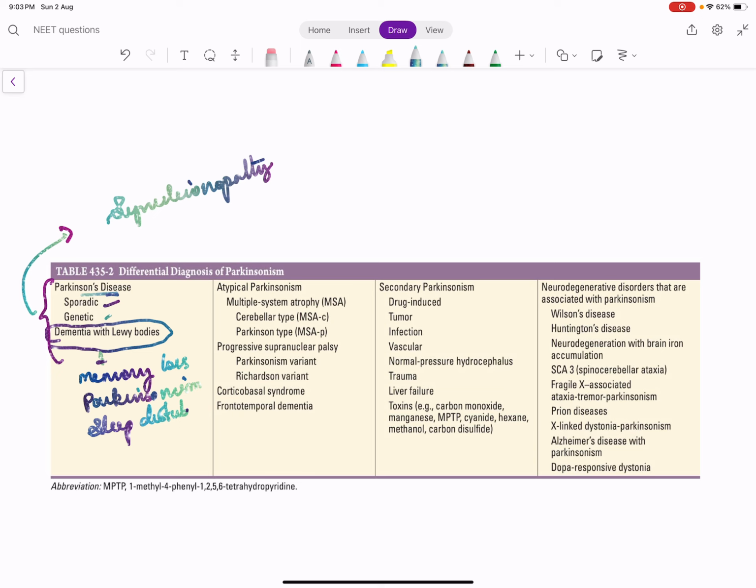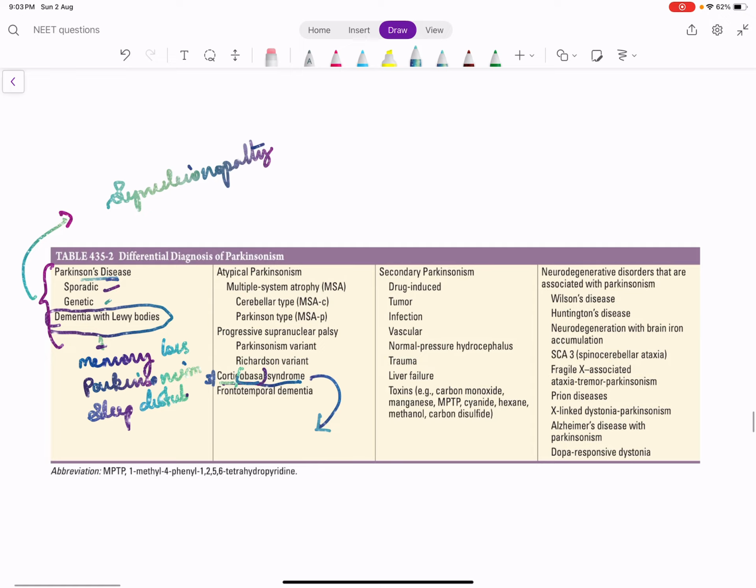The atypical Parkinsonisms, or Parkinson plus disorders: again, one thing we had discussed already, corticobasal degeneration. Cortical means behavioral disturbances, it has memory loss, plus basal is again the involuntary movements or Parkinson-like tremors. Frontotemporal dementia also can be taken here. But the two most important Parkinson plus syndromes are multiple system atrophy and progressive supranuclear palsy.